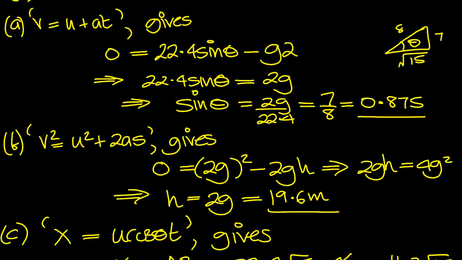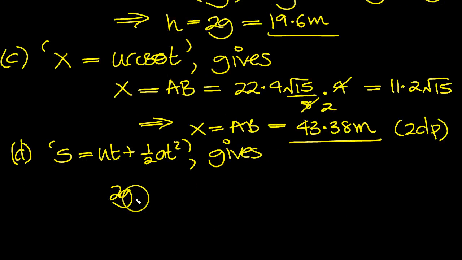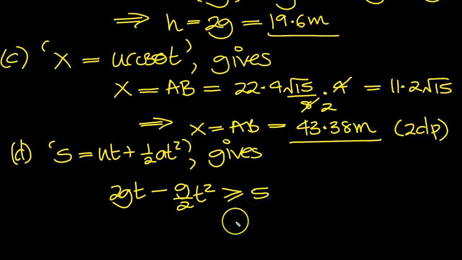If we look up, u sine theta, 22.4 sine theta is just 2g. So we can write 2g times the time. A is minus g, so it's minus g over 2 t squared. When is this height greater than or equal to 5?